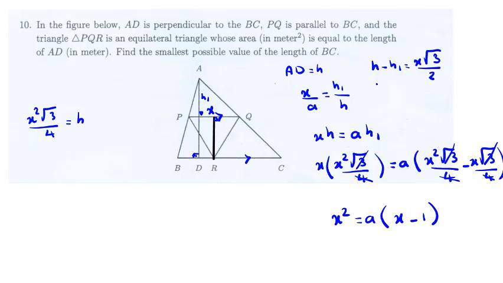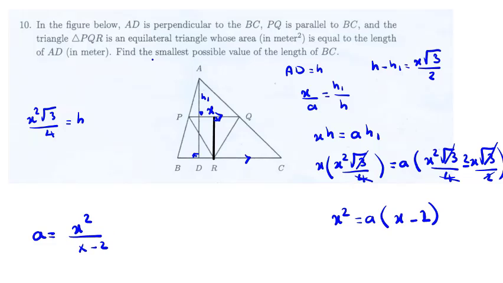Oh, sorry, here is x root 3 over 2. So if we multiply by 4, we have 2 here. So we should write 2 here. And we can say a equals x squared over x minus 2.